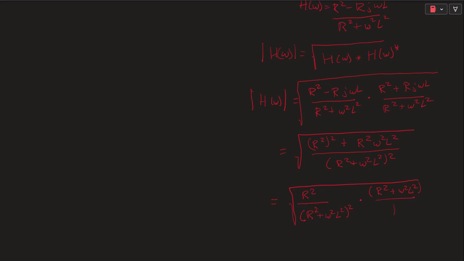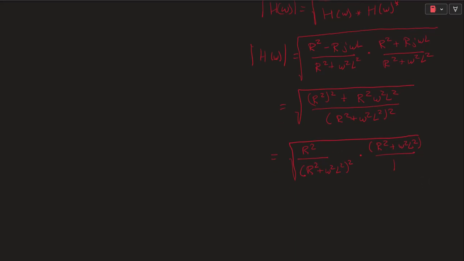If you look, I just factored an R squared out of the numerator, and I was left with R squared plus omega squared L squared. Now this first part, I can take the square root of that, so that's R over R squared plus omega squared L squared times the square root of R squared plus omega squared L squared.